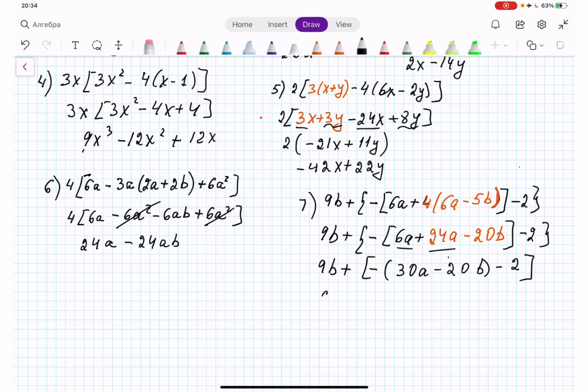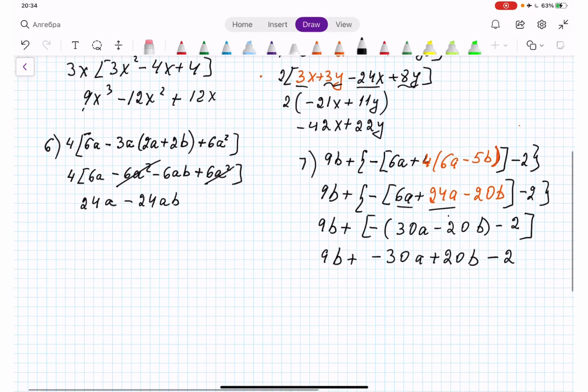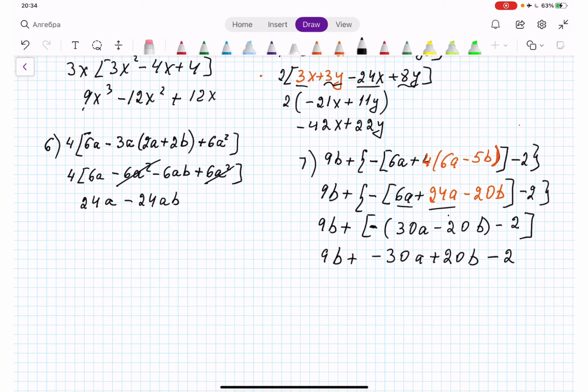Okay, now 9b plus opening parentheses, it's going to be negative 30a plus 20b and then minus 2, right? Because this negative sign applies only to these parentheses. That's it. All right, so like terms, we have 9b and 20b, and the answer is negative 30a plus 29b and minus 2.